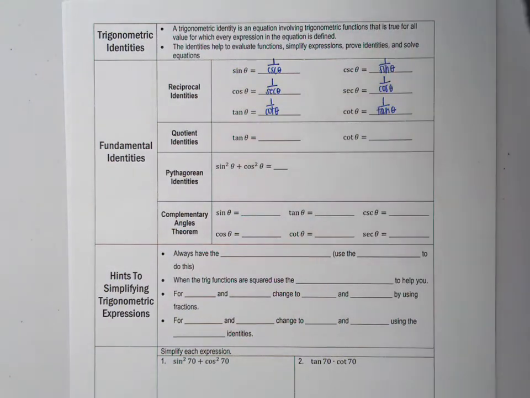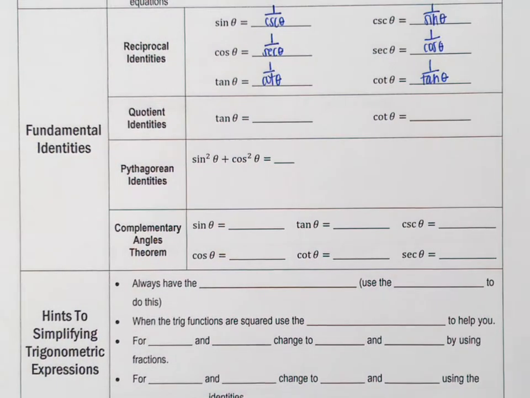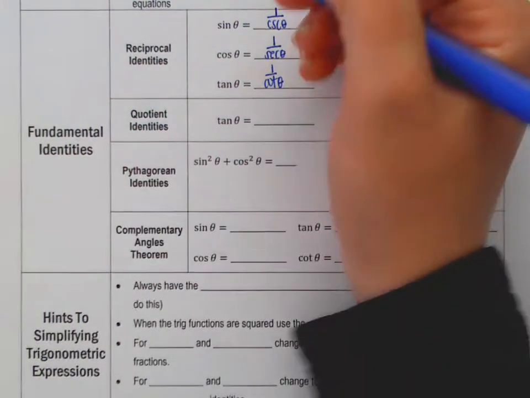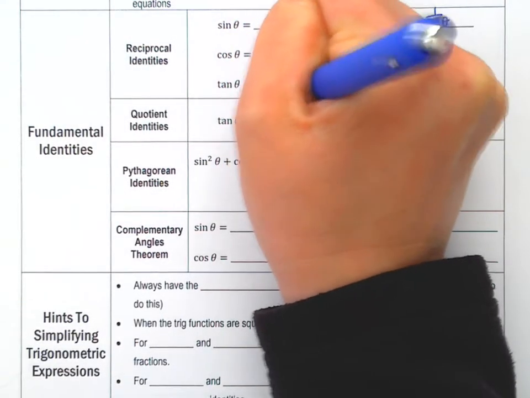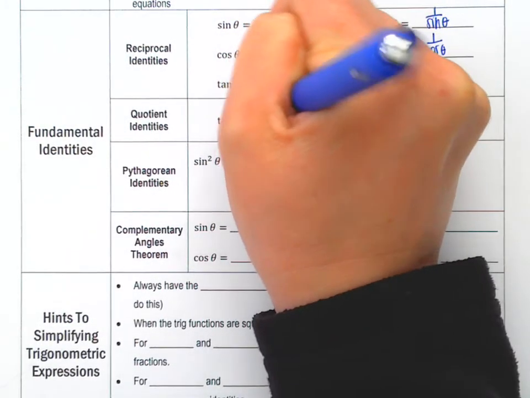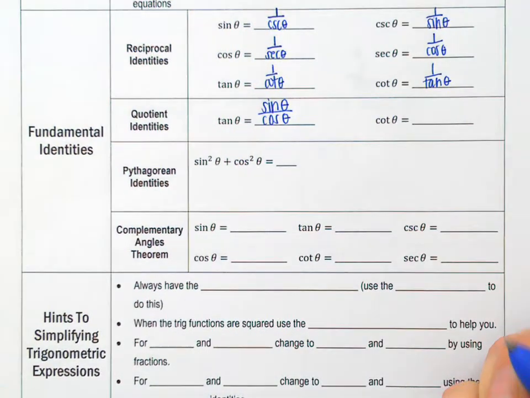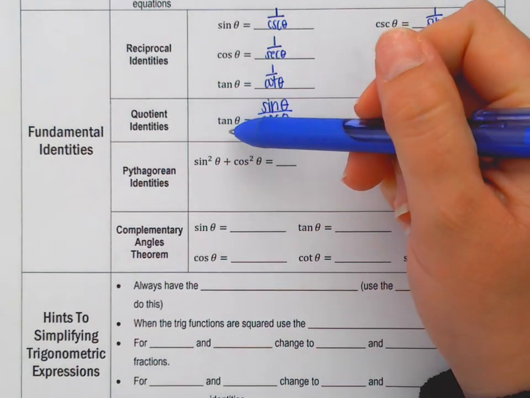I'm going to zoom back in. This is probably one of the ones that you're going to see over and over again. So tangent theta is equal to sine theta over cosine theta. And then cotangent, we know cotangent is the reciprocal of tangent.